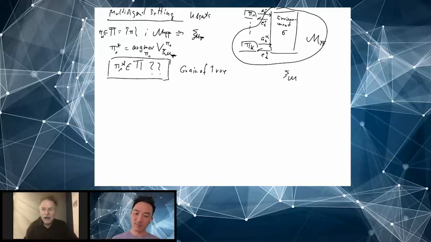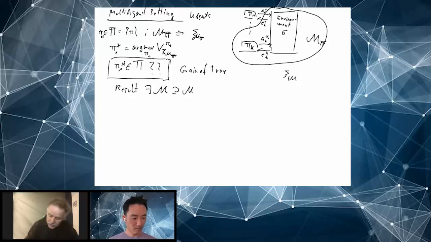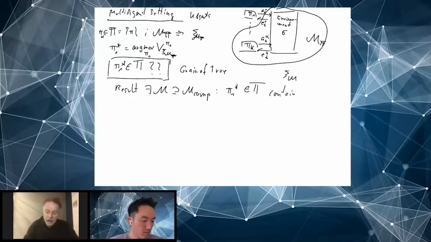Let's not go into this. As a result, we have a class M, which contains all computable distributions, such that pi1 star is in pi. So it contains a grain of truth. The important thing is it contains the computable ones, which we want.